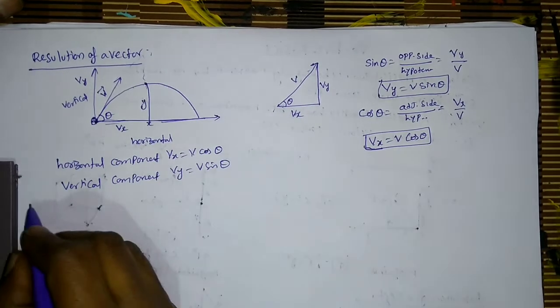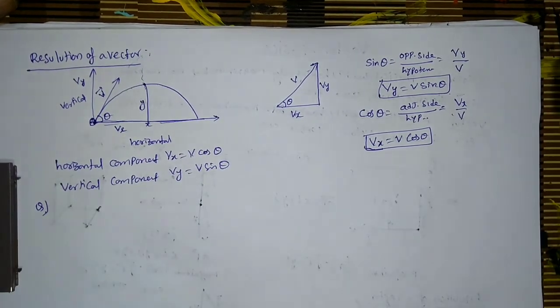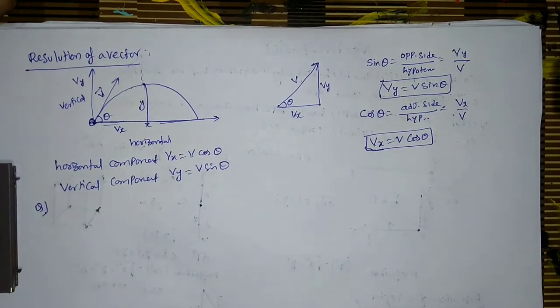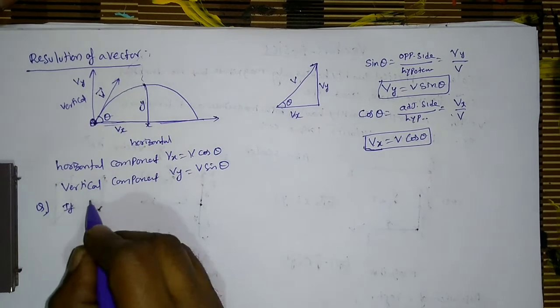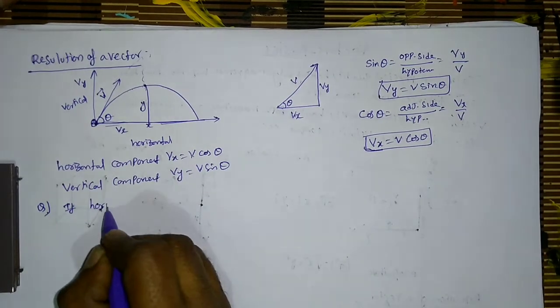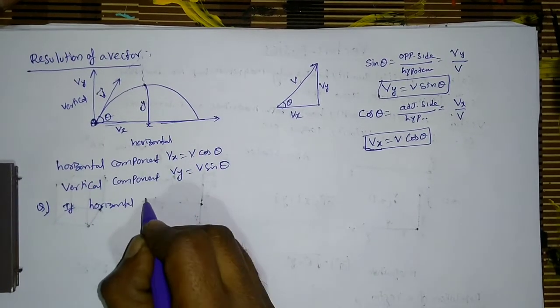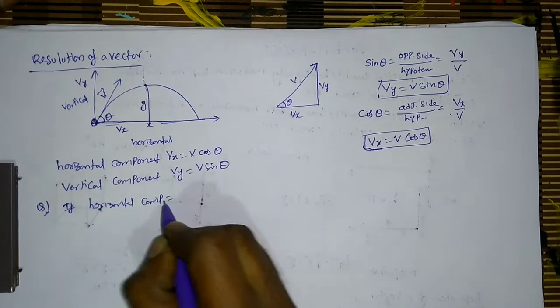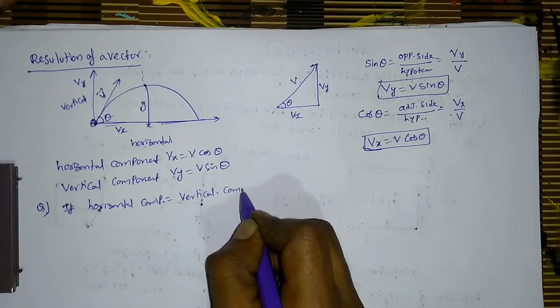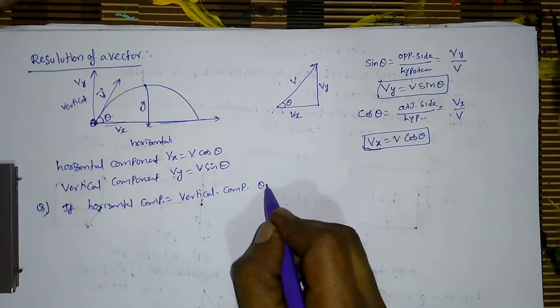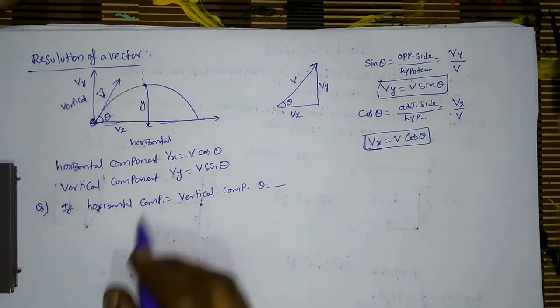Say if the question is like this: if the horizontal component and vertical component are equal, then what is the angle of projection? Theta is equal to how much? That means we can equate these two.